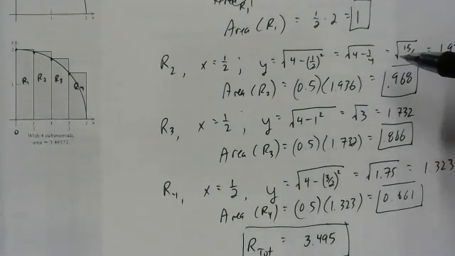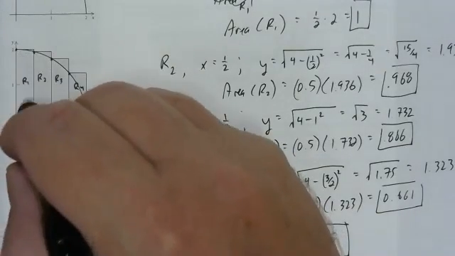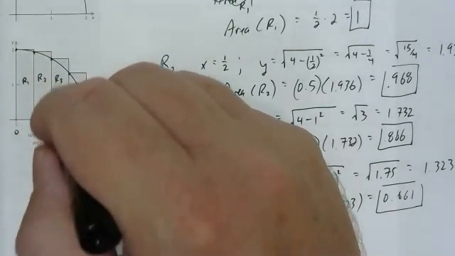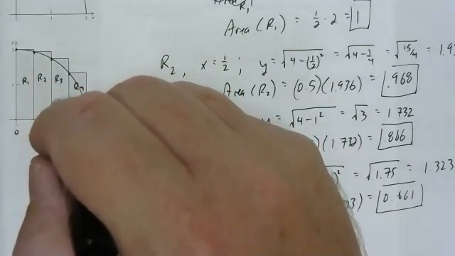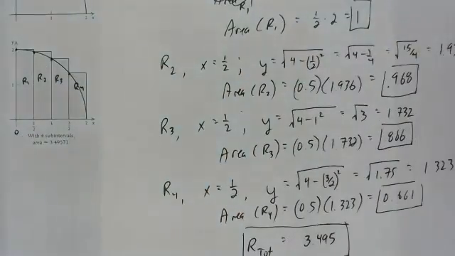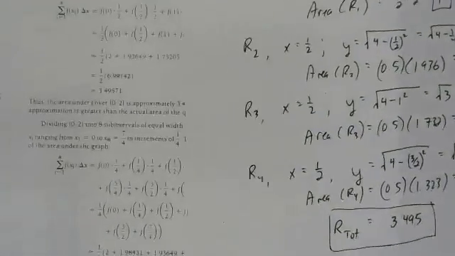A couple of these. Like I said, it's a little bit tedious, but now what's interesting is, like I said earlier, the skinnier you make the rectangles, the more rectangles you have. And the more rectangles you have, the more accurate your calculation becomes. Because the book did this problem, we can look here.